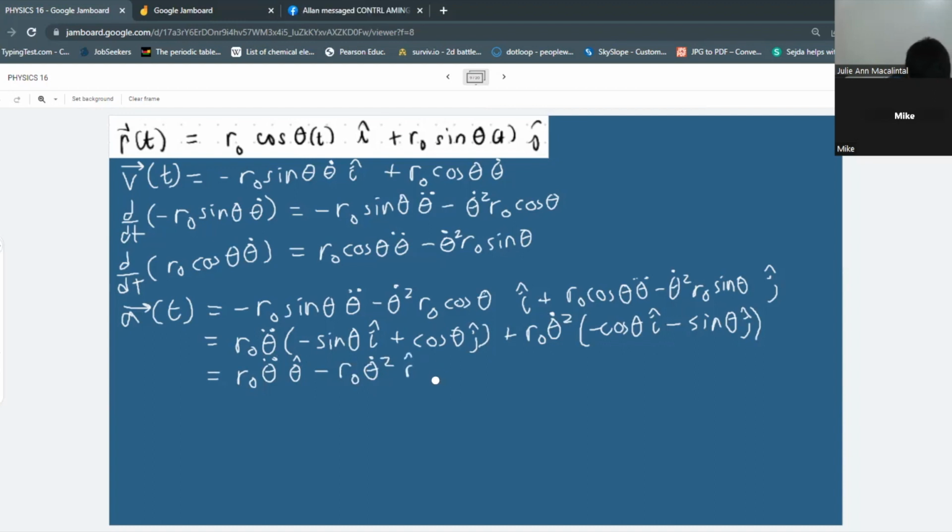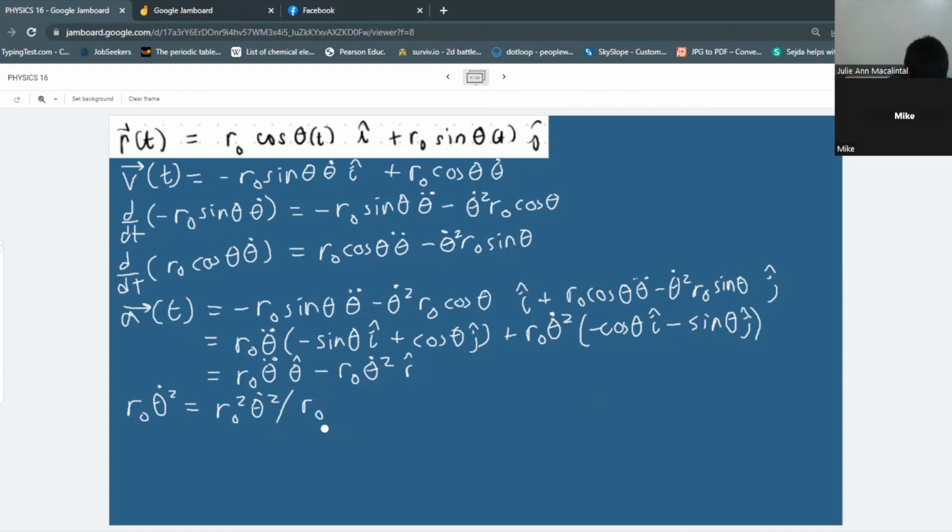Okay, now let's interpret. What is the meaning of r theta dot squared? So, next line, r naught theta dot squared, just so we can interpret it, is equal to r naught squared theta dot squared divided by r naught, the whole thing divided by r naught.